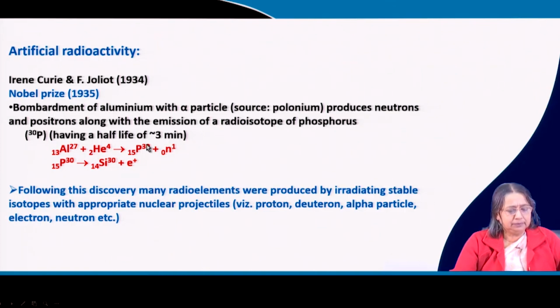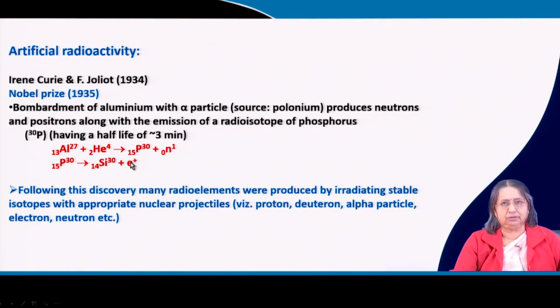If you look at phosphorus 30, 15, the natural isotope of phosphorus is 31, 15, but here the radioisotope is 30. And in the next step, this very transient species, with only 3 minutes half life, is converted to silicon 30, 14.